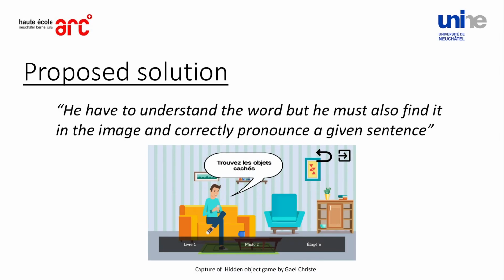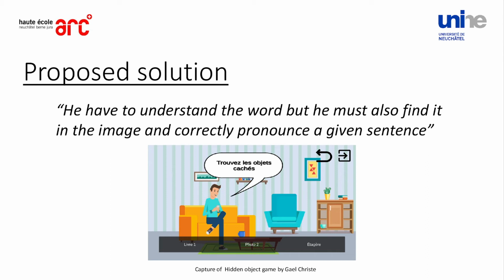This project proposes to transpose those exercises into a point-and-click hidden object game. More specifically, the patient must find some specific object in an image full of objects. Not only does he have to understand the word, but he must also find it in the image and correctly pronounce a given sentence.